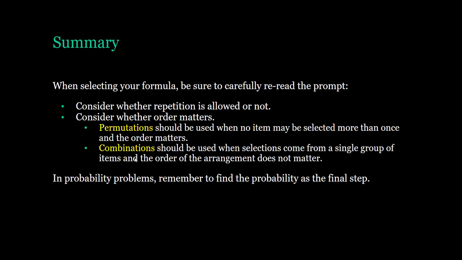And if order does not matter, you'll need to divide by another number to get those combinations. If the problem is actually asking for probability, remember to break that up. If you were to come up with an outline for your math problem, that will be the very last step. So in those probability problems, remember that lastly, you want to find the probability as the final step, and don't enter your number of combinations, so be careful.